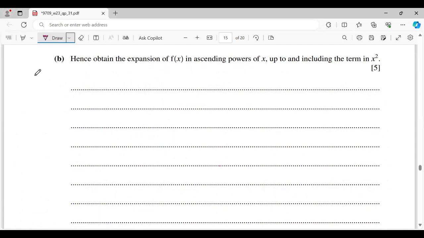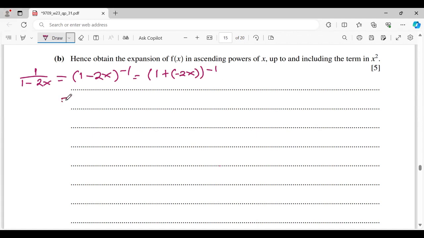The first is 1 over 1 minus 2x. It is 1 minus 2x power minus 1, or it is 1 plus minus 2x power minus 1.